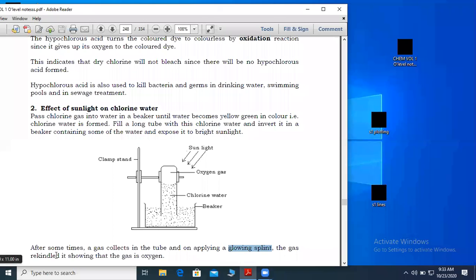So after some time, the gas collects in the tube, and on applying a glowing splint, the glowing splint is rekindled. This word rekindled means relight.